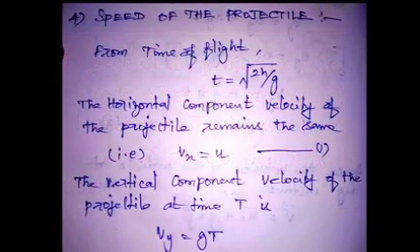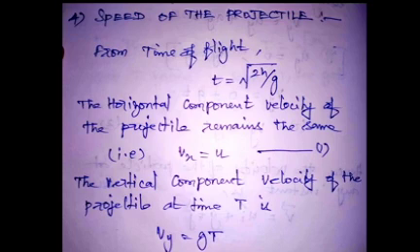Since we know the time of flight, t is equal to square root of 2h by g. Then the horizontal component velocity of the projectile remains the same, which we found in the resultant velocity, v of x equal to u. Consider this as equation number 1.